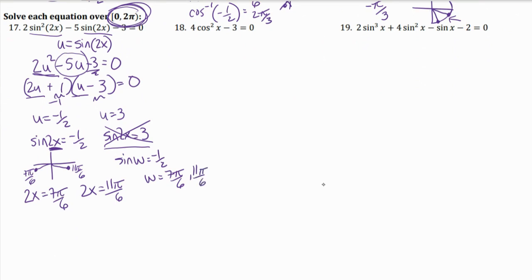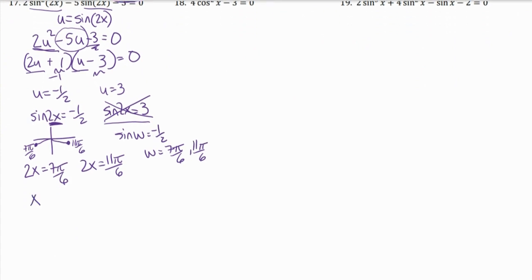If that helps, you can use some other form of u substitution. So I have 2x is equal to 7 pi over 6, so x is equal to 7 pi over 12. And then for 11 pi over 6, I divide by 2 and get x is equal to 11 pi over 12. And if you need to, just double check. If I plug in 7 pi over 12, I get 7 pi over 6 after I multiply it by 2. And is sine of 7 pi over 6 negative a half? Yes, it is.